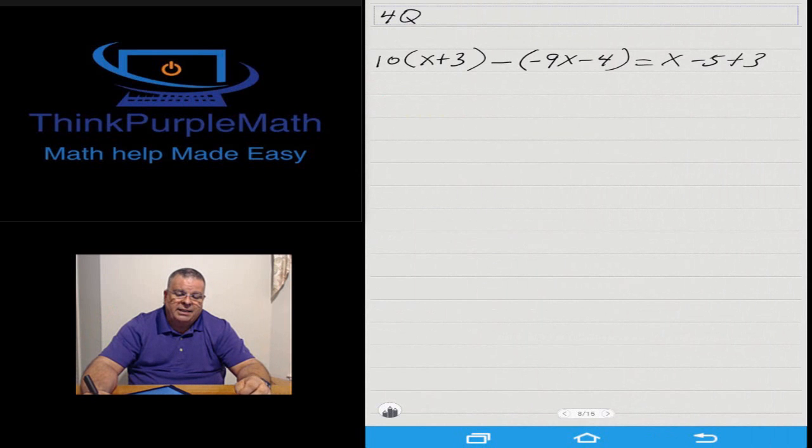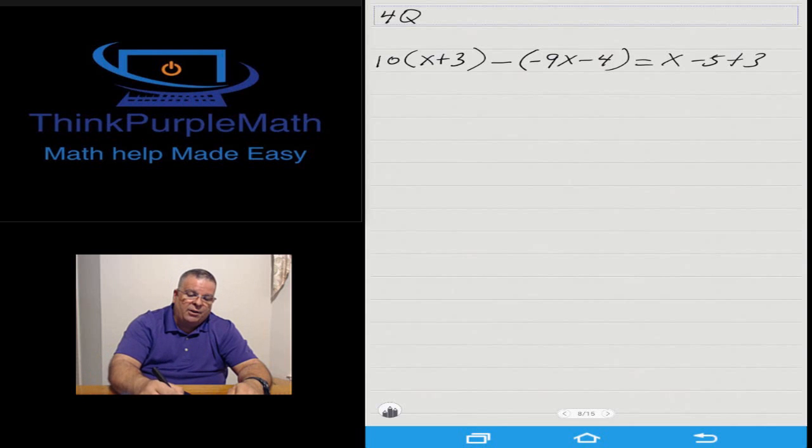Now we have parentheses, 2 parentheses on the left, none on the right. And there's a mystery number that is not visible. And the number is right here. That negative represents a negative 1, which I'm going to insert.